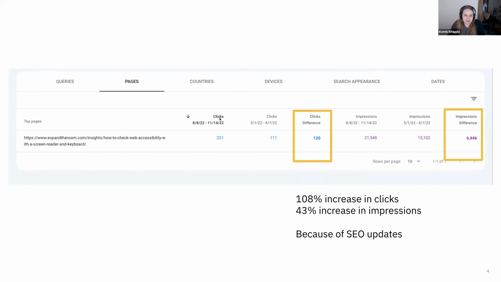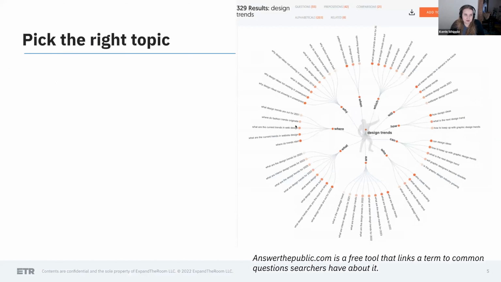So this is about 3 months, and you can see after making those changes, we are up 108% in clicks and 43% in impressions. And that's awesome. Not only are impressions going up, but more people are clicking. So that's great to see. It means what we're doing is working.